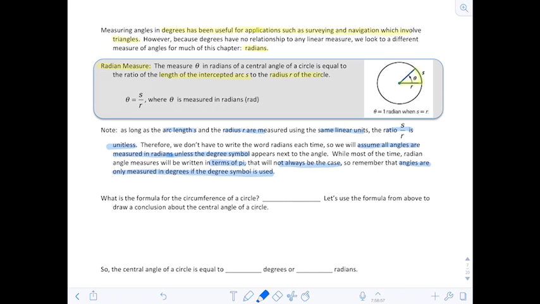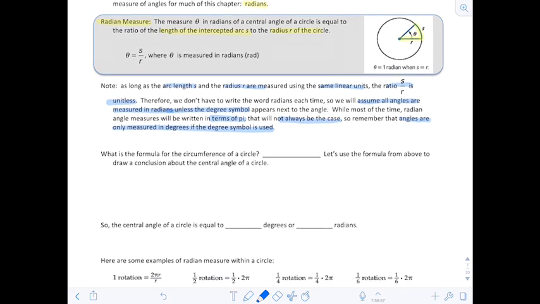Okay, so let's see where we get some other relationships. The formula for the circumference of a circle: we know it can be circumference equals pi d, but we're going to look at circumference equaling 2 pi r. That represents the entire circumference around the whole circle. So if we use the formula from above, theta equals S over r, to draw a conclusion about the central angle of a circle, here's what we have.